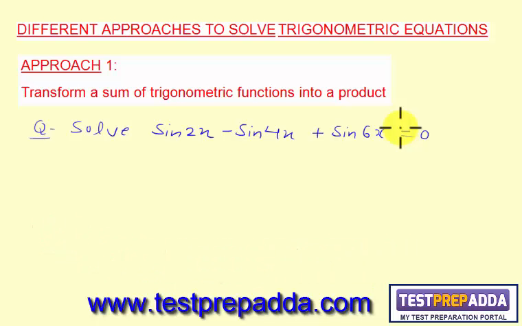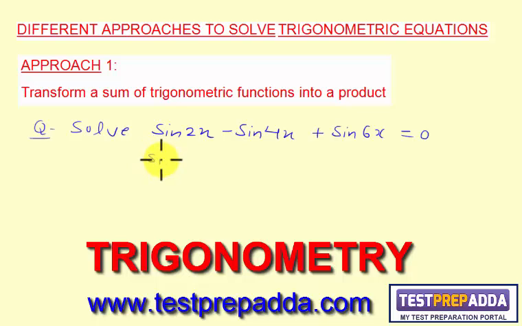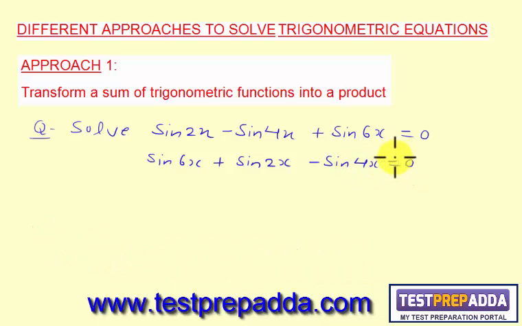Here we will transform this sum of trigonometric functions into a product. Now this given equation can also be written as sine 6x plus sine 2x minus sine 4x equal to 0. I'll combine these two.